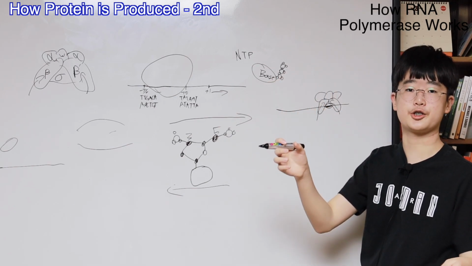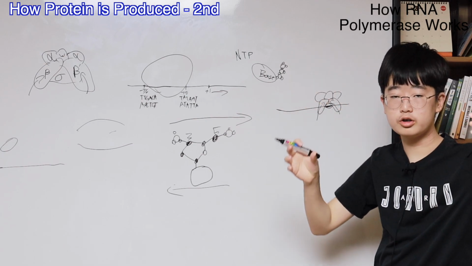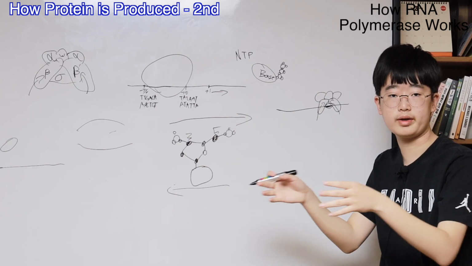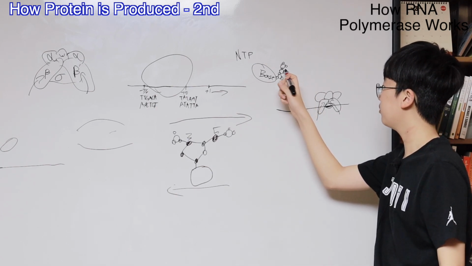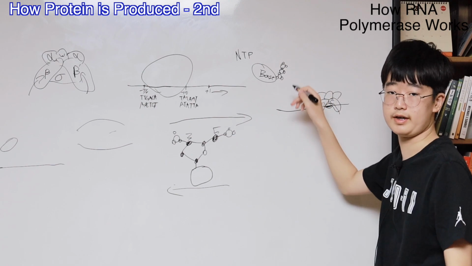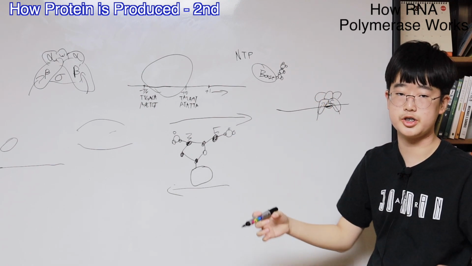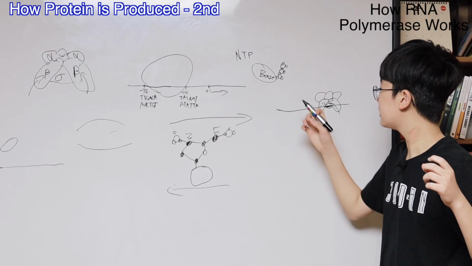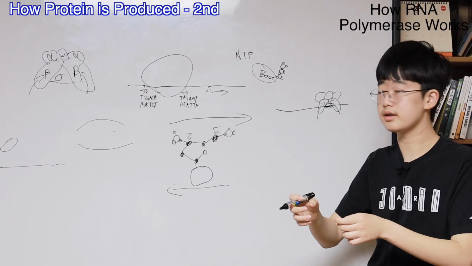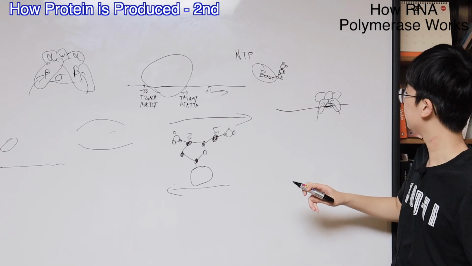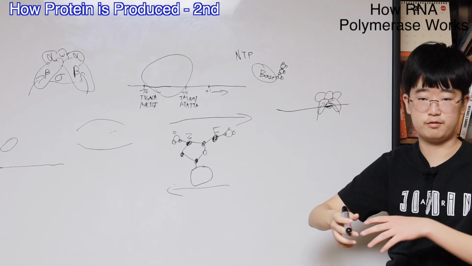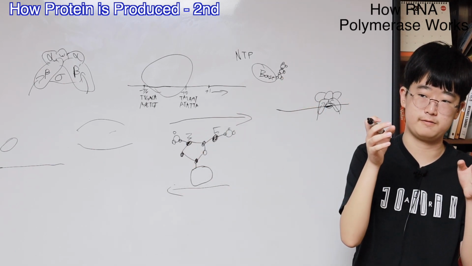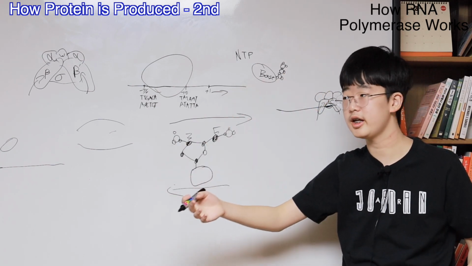It releases energy to put itself onto the growing RNA. So why it has three phosphates is because there needs to be energy to stick RNA pieces together. So basically these come off, release energy, and using that energy it puts itself together and becomes RNA.